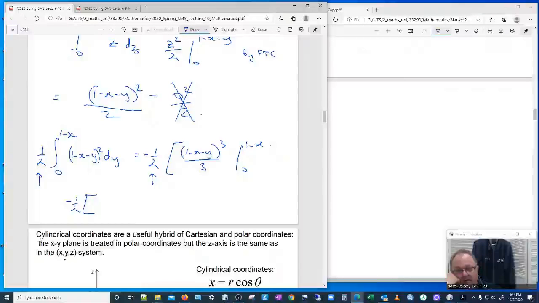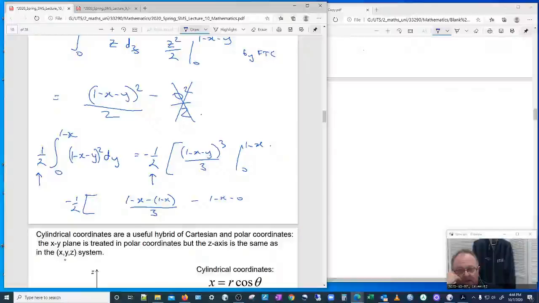Now, what are we doing dy? So everywhere there's a y, we're going to substitute that. So we'll get 1 minus x minus bracket 1 minus x divided by 3. So you've got to take care. Okay, and then minus 1 minus x minus 0.